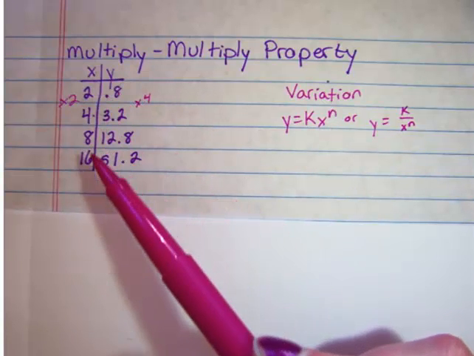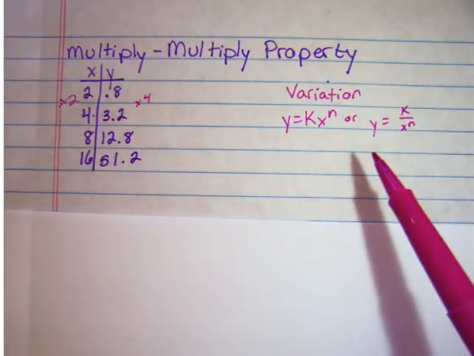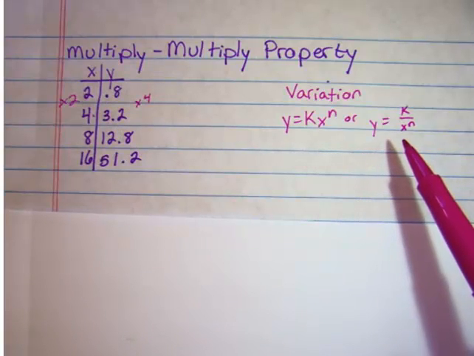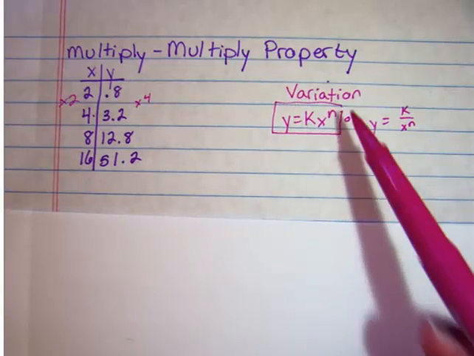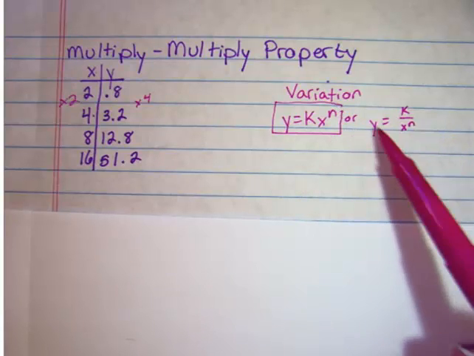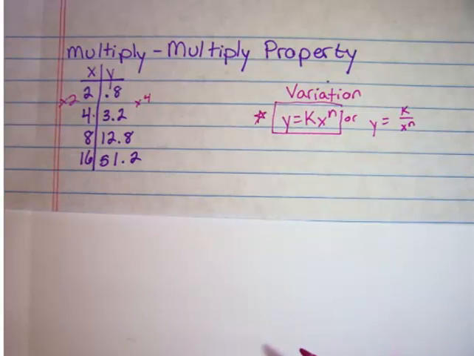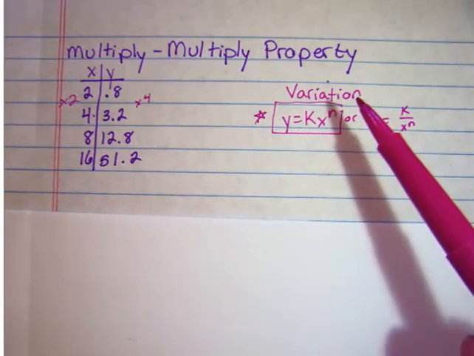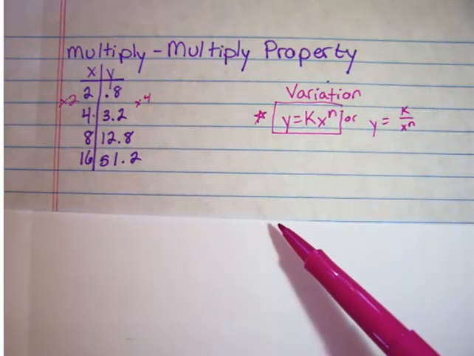If this side was increasing and this side was decreasing, then it would be an inverse variation and my n would be negative. We're always going to start with this generic function, and if n is negative, it will push it to the bottom, and it will be this one. So please keep in mind that we always start with a direct variation. If n is negative, one goes up, one goes down, it's going to push that part to the bottom.